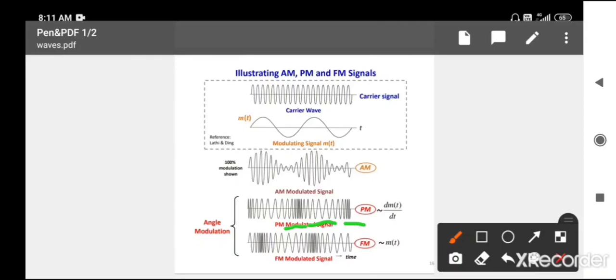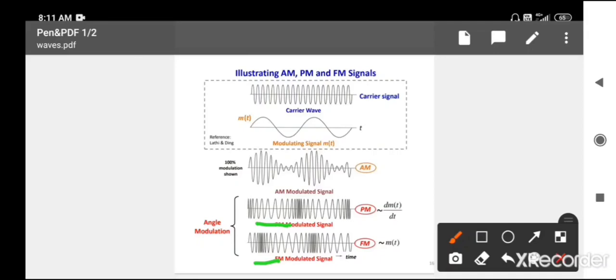For example, in this place it is low frequency, but here it is high frequency. So the place where the high frequency and the low frequency occur differs, but the waveform looks similar. So we can't observe much difference between the PM and FM waveforms.